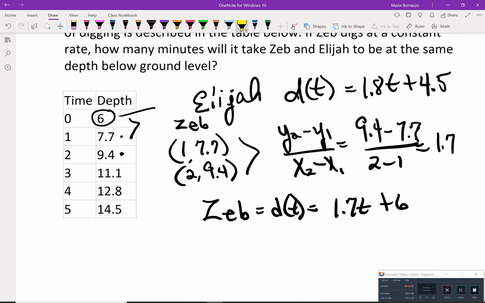Again, you know that because when x is 0, y is 6, that's your intercept. Now, because we want them to be at the same location, we take 1.8 t plus 4.5 and set that equal to 1.7 t plus 6.